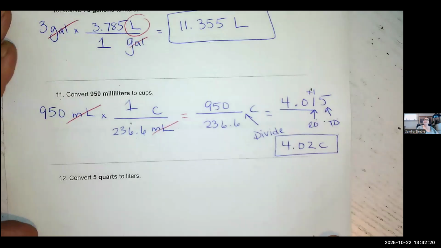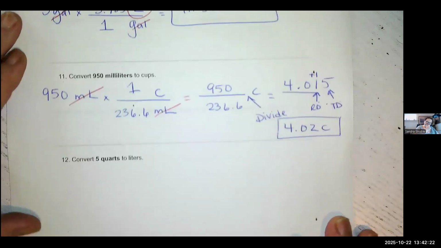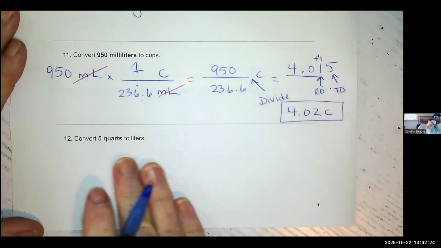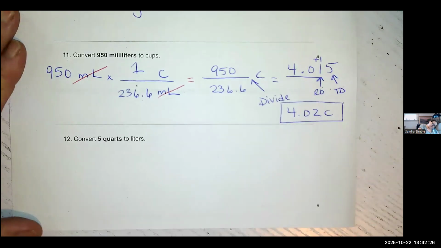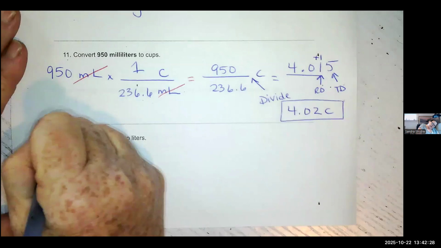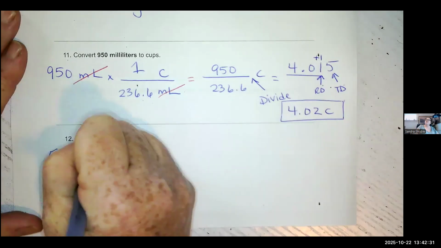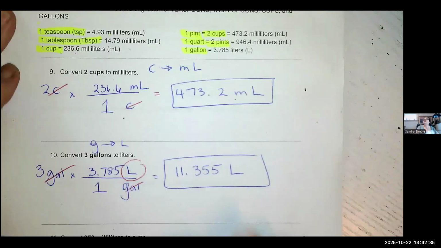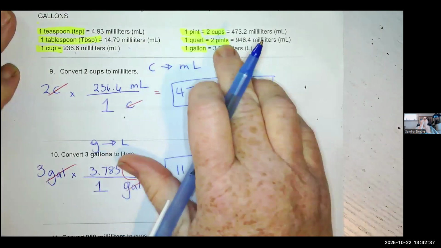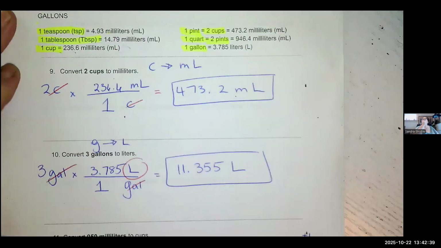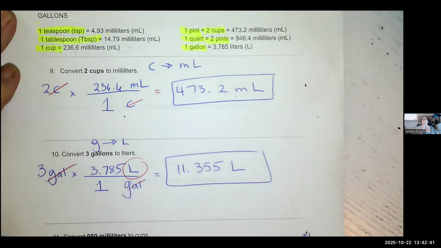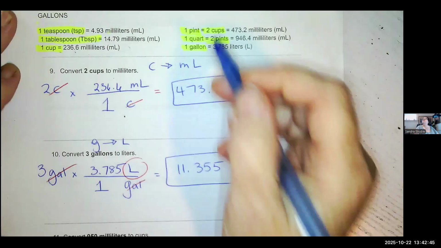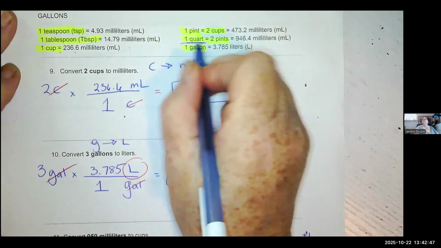The next was convert 5 quarts to liters. Okay, so we're going to start with 5 quarts. I know I'm going to get rid of quarts. Can I go from quarts to liters? There's quarts, pints, milliliters. I don't see anything that's taking me to liters besides gallons. And so let's go from quart to milliliters.